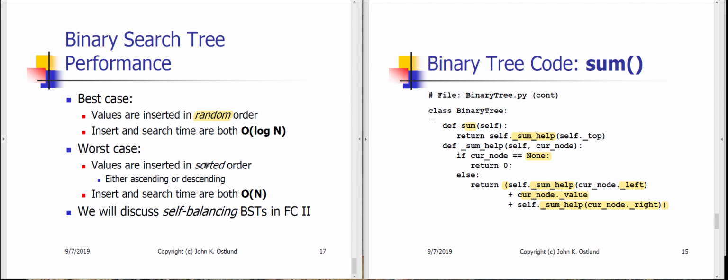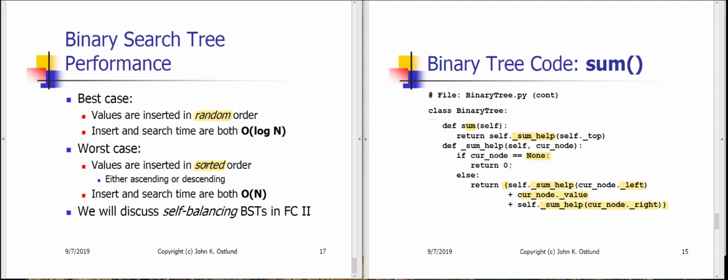However, a serious problem with the binary search tree we've shown here is that if values come in a sorted order, and it doesn't matter whether it's ascending order or descending order, your so-called binary tree is actually going to be shaped like a list. Either all the values will march down the right side of the tree if the values are coming in ascending order, or the values will all march down the left side of the tree if they're coming in descending order.